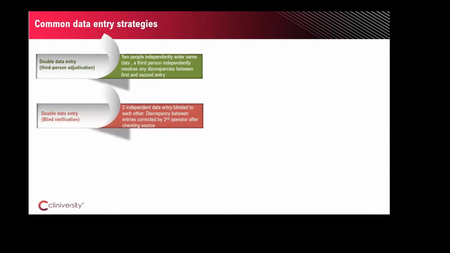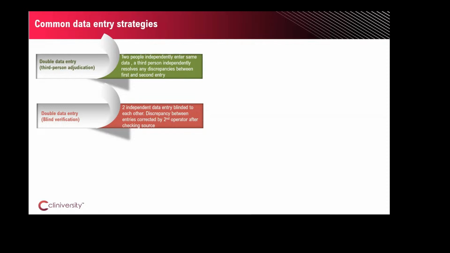In a double data entry with a blind verification, again, two people will independently enter the same data, and both will remain unaware of what the other person is entering. If the second person enters a value that differs from the first person, the operator will be warned by the system that there is a discrepancy.